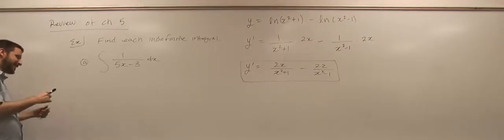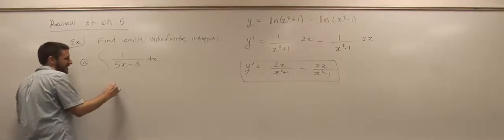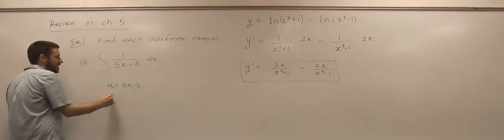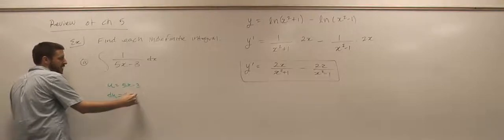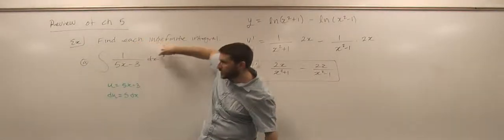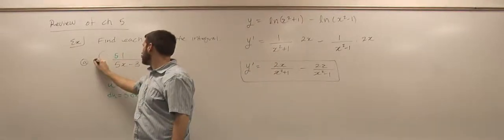Substitution. That was going to be my hint. What do you say? u equals 5x minus 3. And then du is equal to just 5 dx, right? Now, I don't have 5 dx, I have 1 dx. So I put 5 here and 1/5 out here.